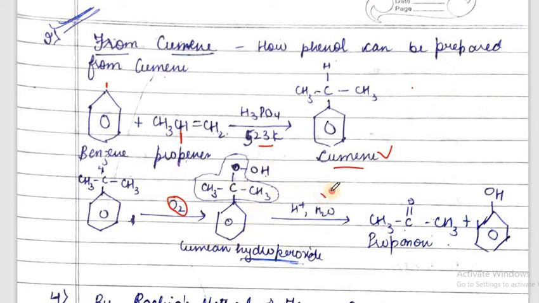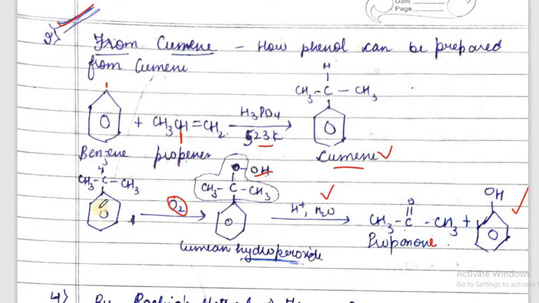Then upon hydrolysis we get CH3C double bond O CH3, that is acetone or propanone, and the OH group gets attached to benzene, and we get phenol. So propanone or acetone is formed. So it is very important, and we can prepare phenol from cumene also.